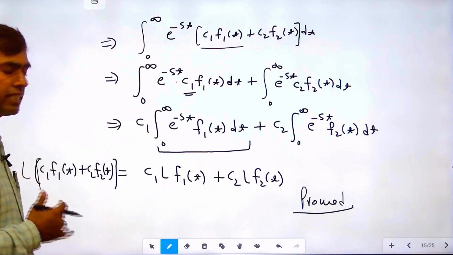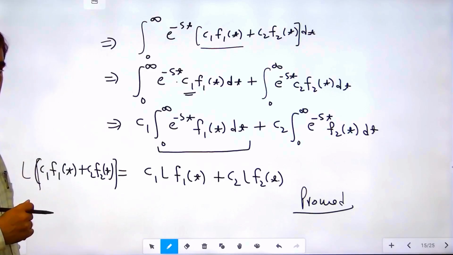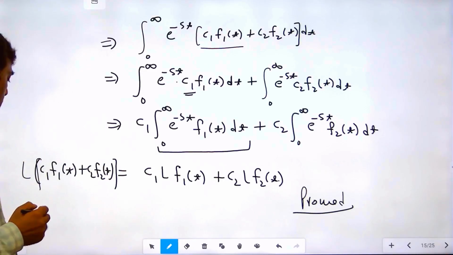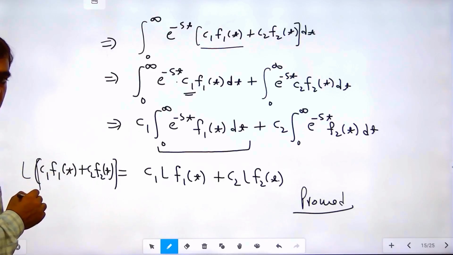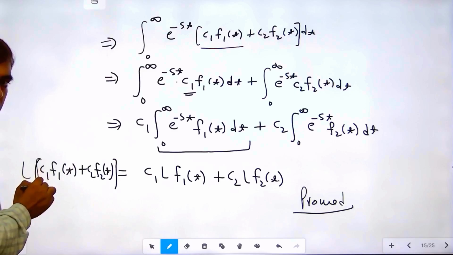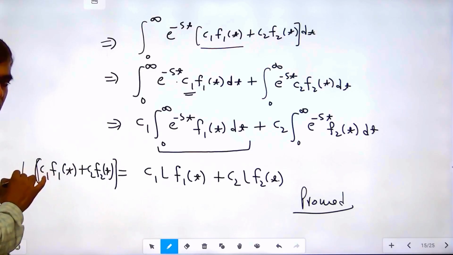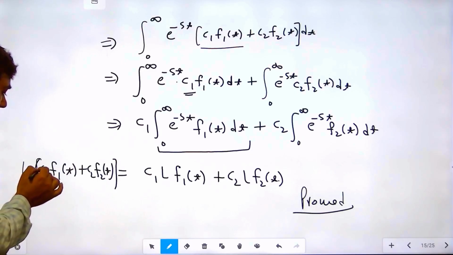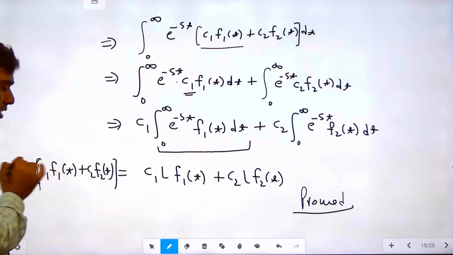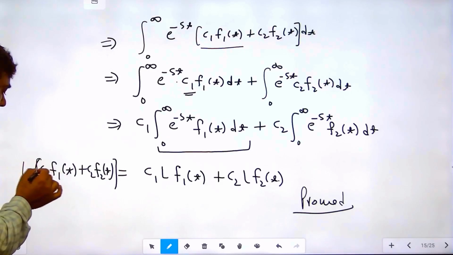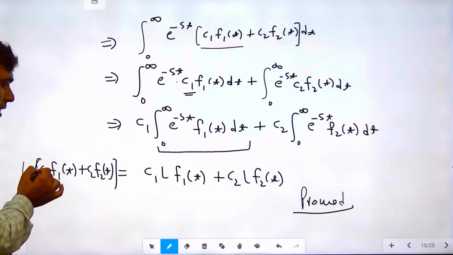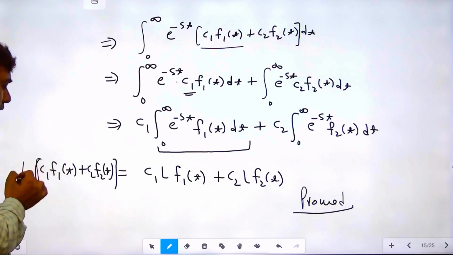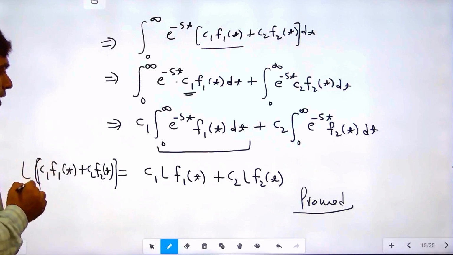So what is the application of the linearity property in solving numerical problems? If there is a combination of two functions added together, each multiplied by some constant, here f1(t) is multiplied by c1, then the Laplace transform is c1 times the Laplace transform of f1(t).